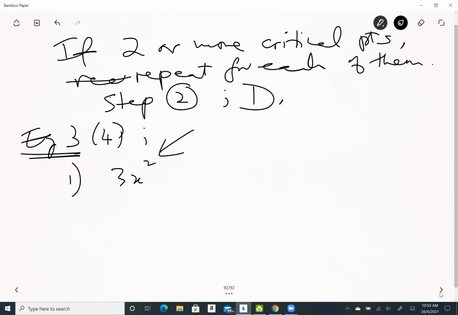I will just highlight the things that are important for this function. So you got 3x squared plus 6y plus 24. Okay, so we call that number 1. And then I got fy is equal to what? 2y plus 6x. Now set that to 0. Set that to 0 also.